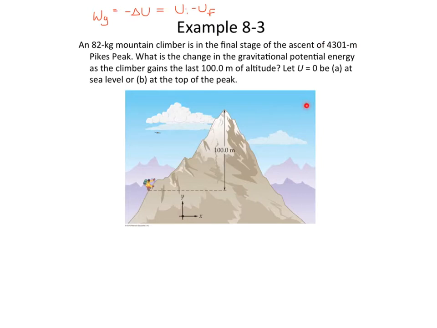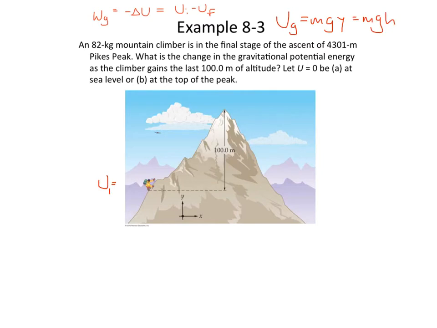So the initial potential energy, U initial right here, equals, well, how do you find potential energy at any one point? We just described in the last section that potential energy due to gravity equals mgy, or you might say mgh.